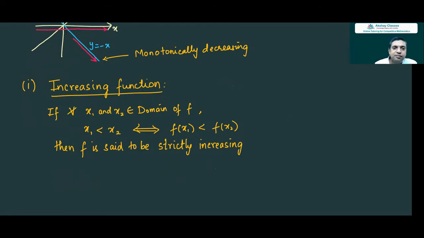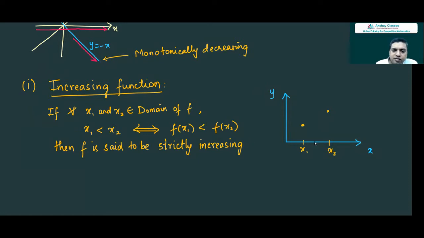That means, look at the graph. Very simple way of explaining. Now, x1 is a smaller number, x2 is a larger number. Function value at x2 is larger than function value at x1.